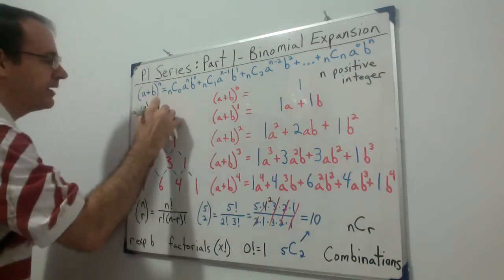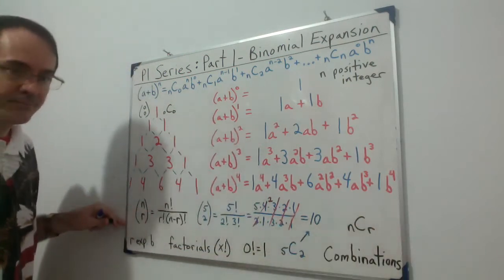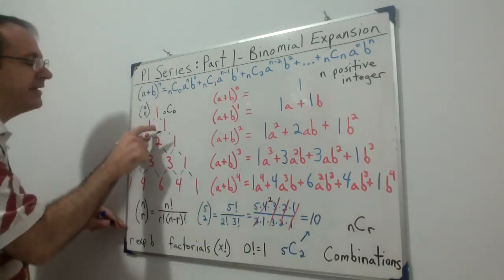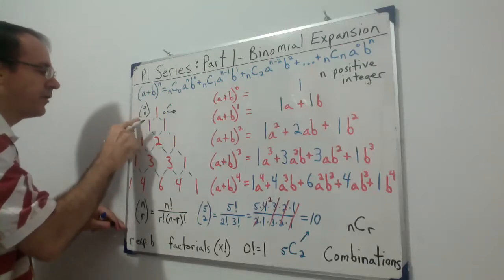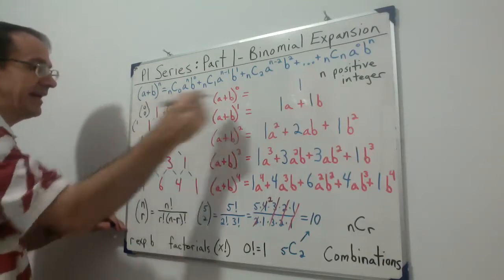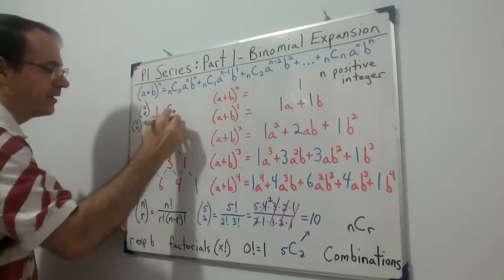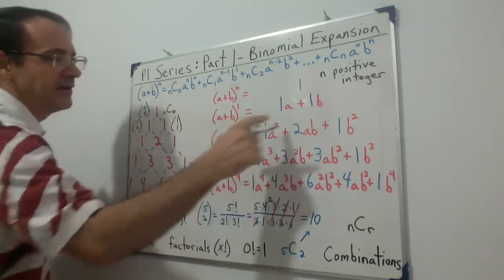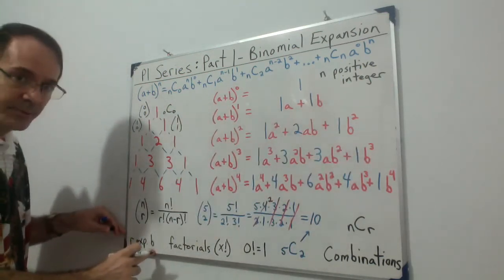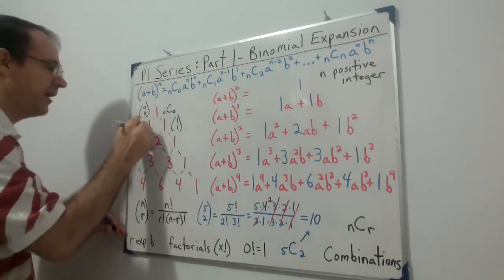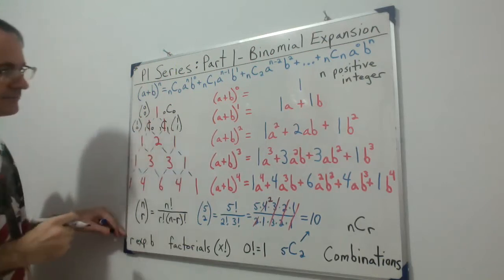It could also be written as 0C0 using the NCR key, okay? So this one here would be, first of all, 1 is the n, 0 would be your first b exponent, and this would be 1, 1, so b0, b1. Remember, these are the b exponents. So in NCR, this would be 1C0 and 1C1.